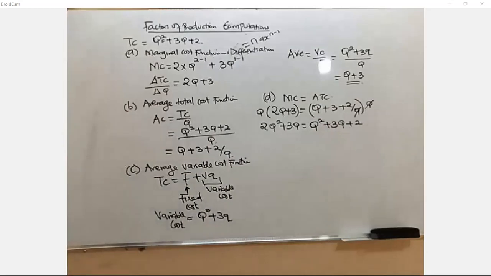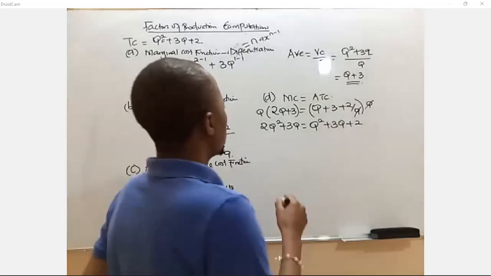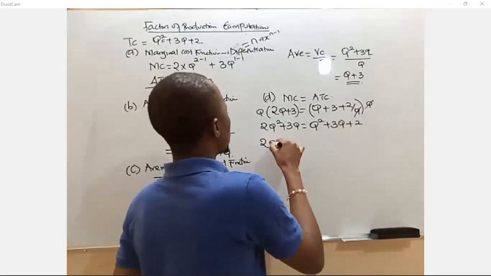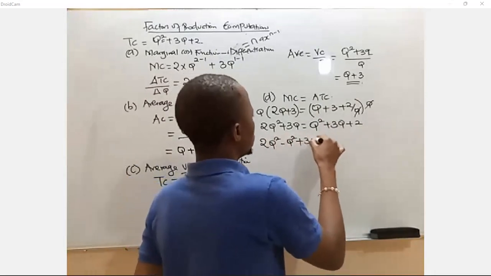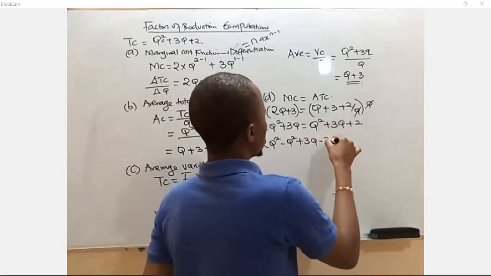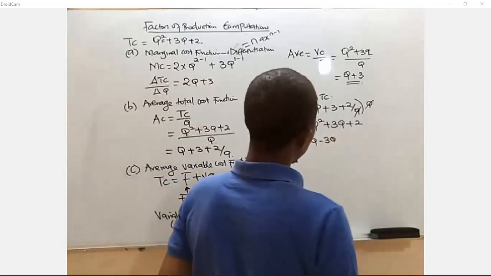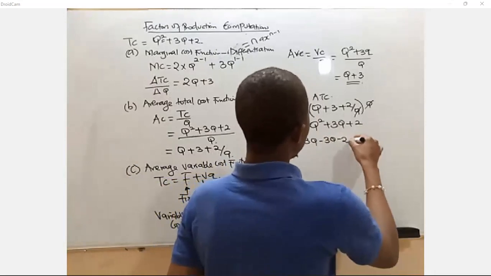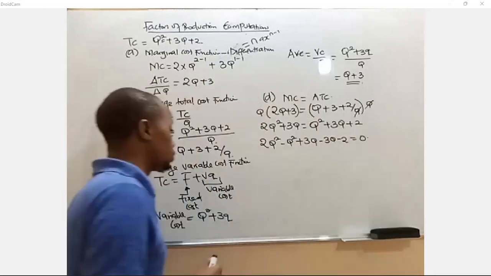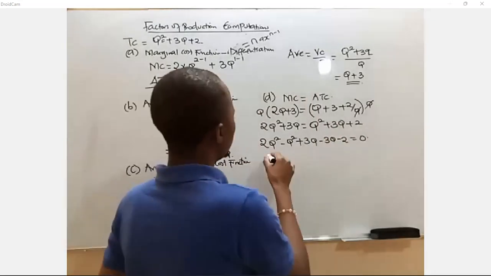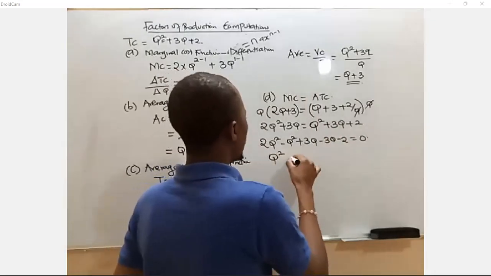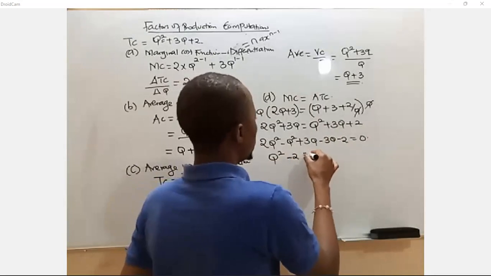We say 2Q squared minus Q squared, plus 3Q minus 3Q, minus 2, should be equal to 0. We just need to equate the equation. So our equation will be looking like Q squared minus 2 should be equal to 0.